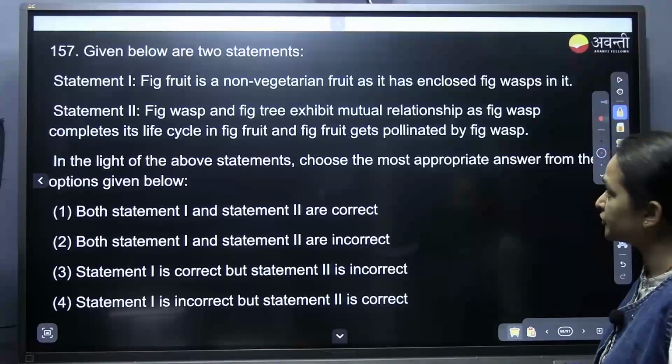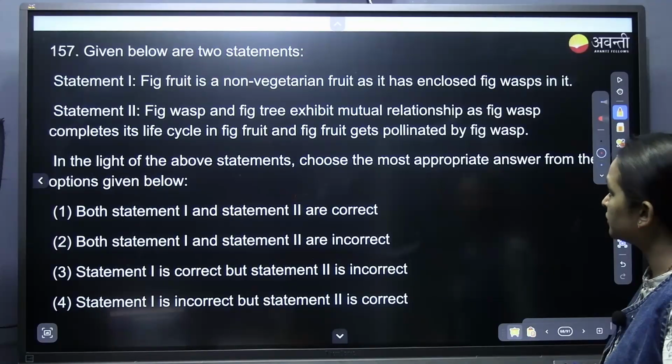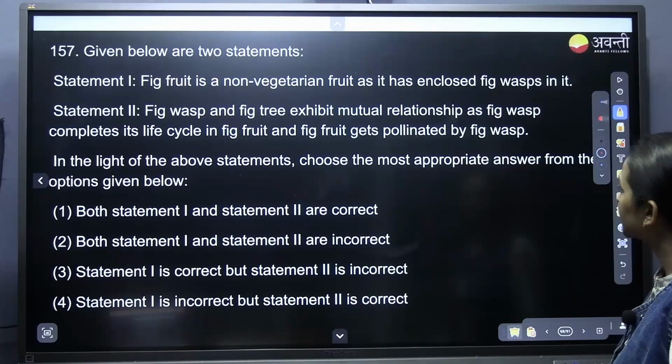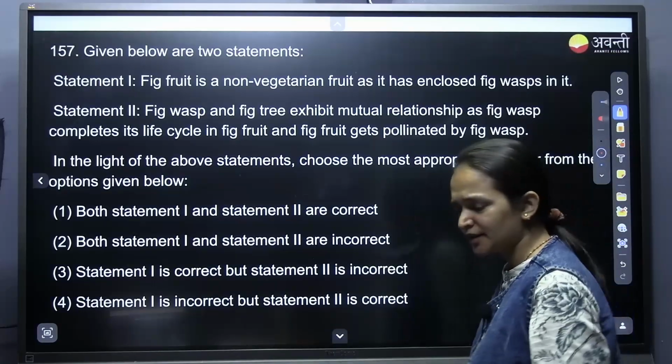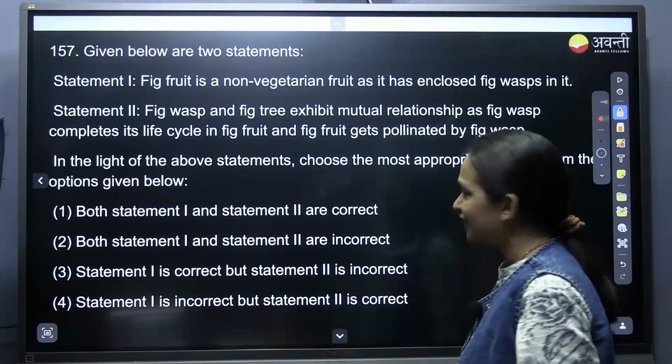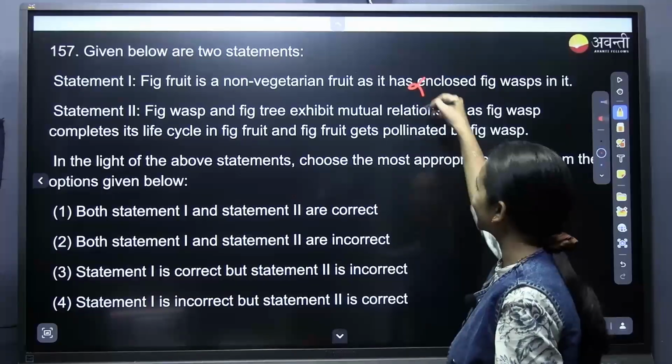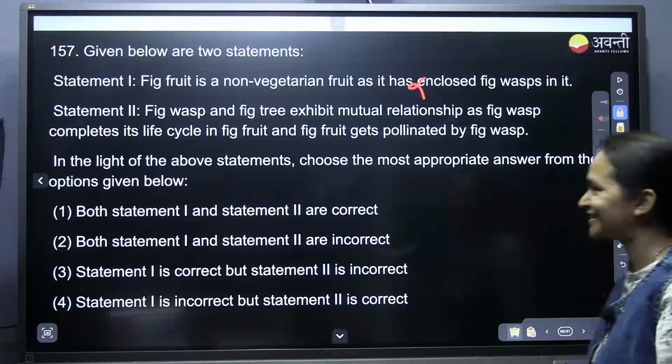Statement 1. Fig fruit is a non-vegetarian fruit as it has enclosed fig wasp in it. No, fig fruit. Yes.